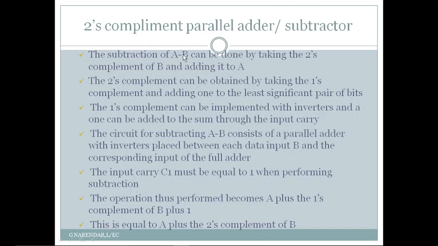That is, the 2's complement of b is actually minus b, and if you add that to a, though we are performing the addition of the 2's complement of b with a, the operation is equivalent to subtracting b from a, or a minus b.